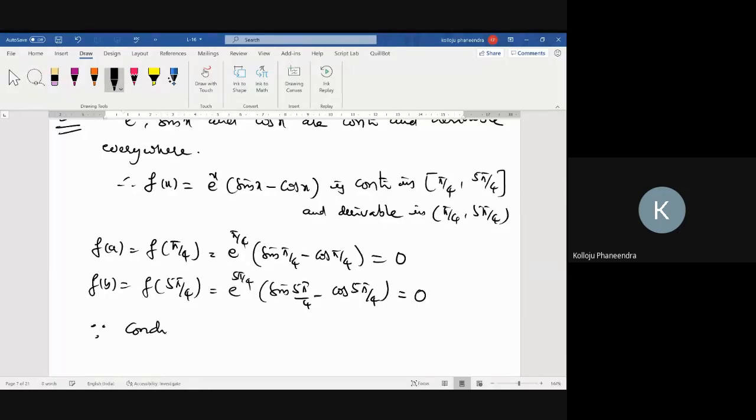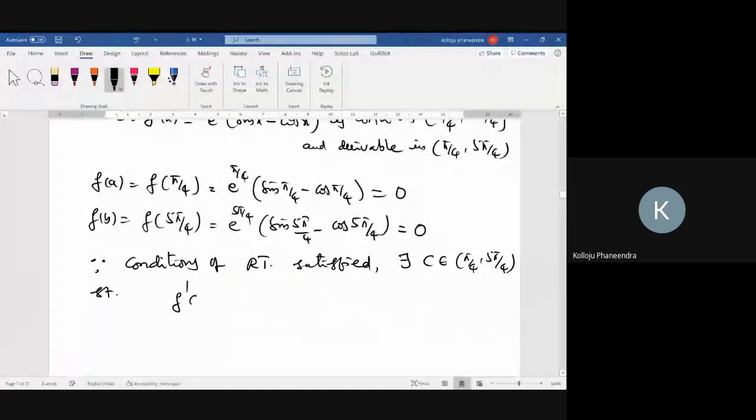Since conditions of Rolle's theorem are satisfied, there exists c belongs to, what is the interval? Open pi by 4 to 5 pi by 4 such that f dash c equals to 0. And what is f dash c? Here f dash x, UV method.